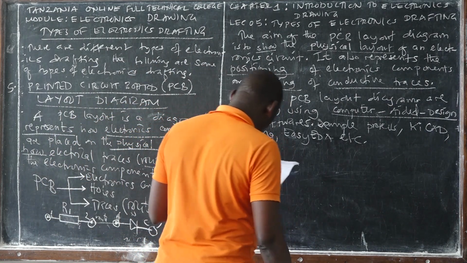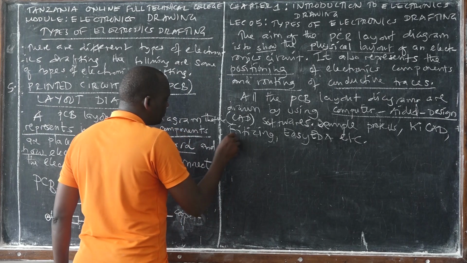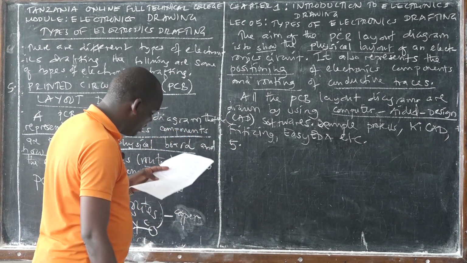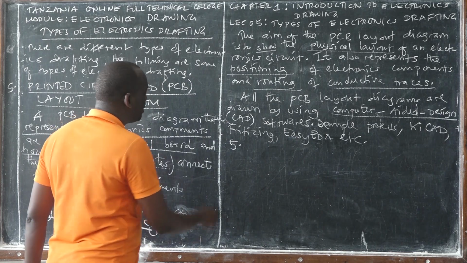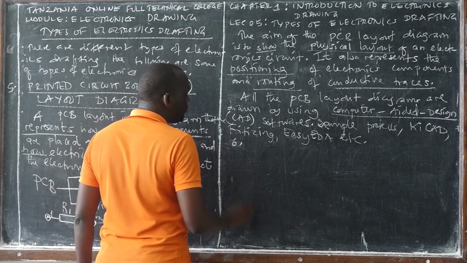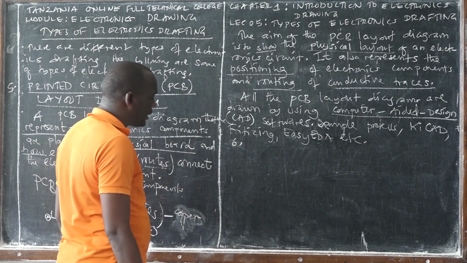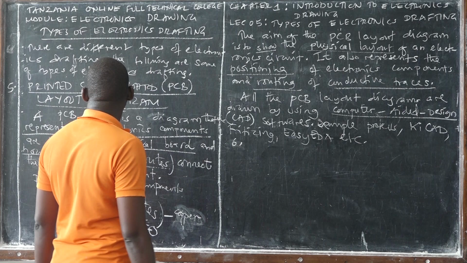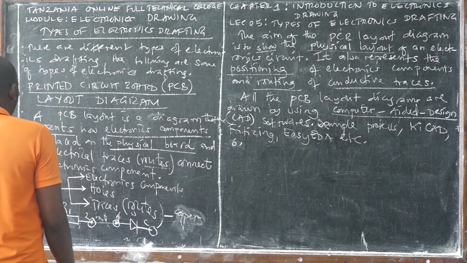Yes. Well, number 5, the fifth type of electronics drafting, is the printed circuit board. It depends on the number.